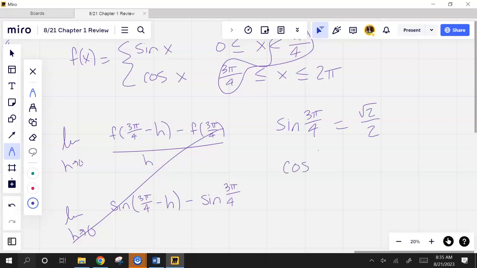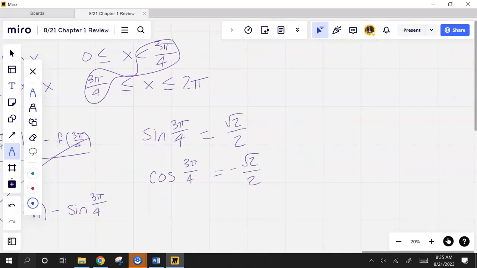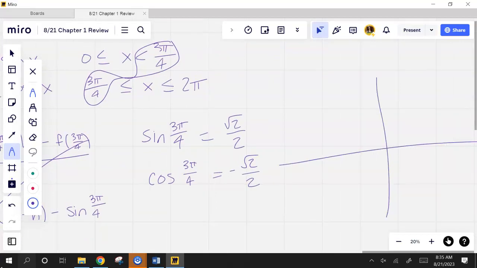What is the cosine of 3π/4? Because those are happening at different points, at different places, right? Let's say this is 3π/2. Sine is happening up here. Cosine is happening down here. It's a jump discontinuity. I can't have a tangent at a jump discontinuity. It's not continuous. It's going to have to be continuous to have a slope, right? Because they'd have to have the same slope.